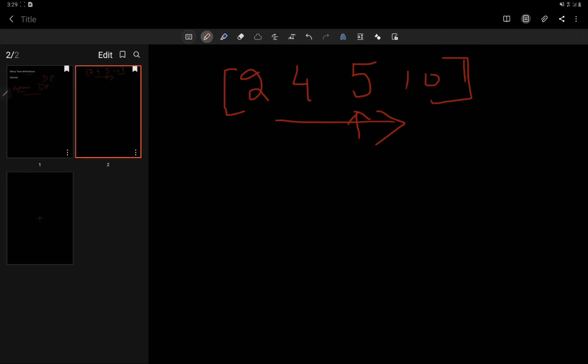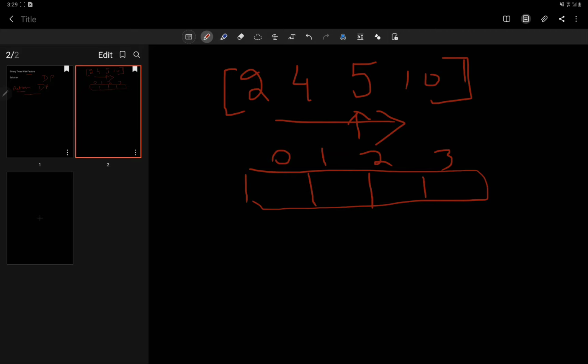Alright, now let's take our DP array. The DP array would have an entry for every value, like these are 4 values, so it would be of length 4, indices 0, 1, 2, 3. And we know that in the test case the condition was on every non-leaf node. So 2, 4, 5 and 10 can in turn each be a leaf node on their own.